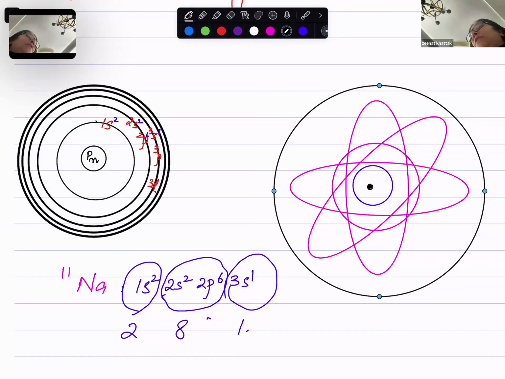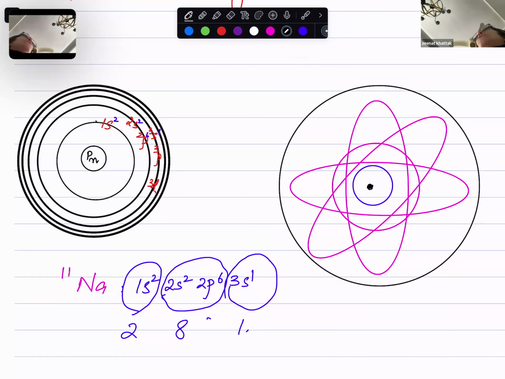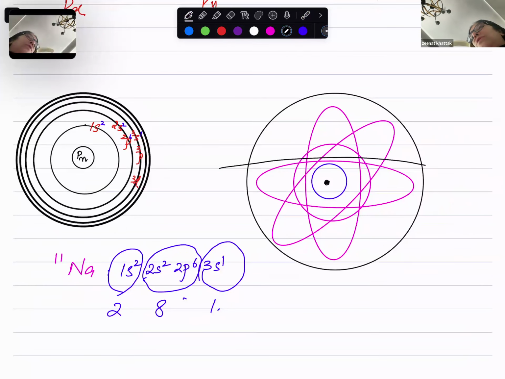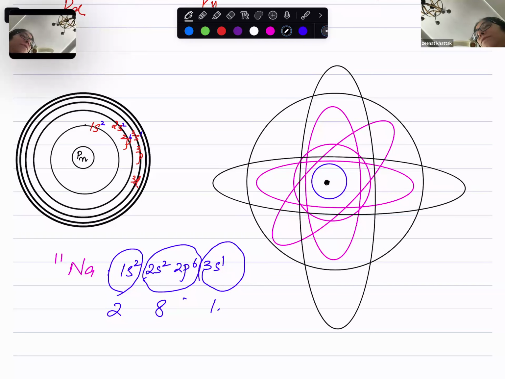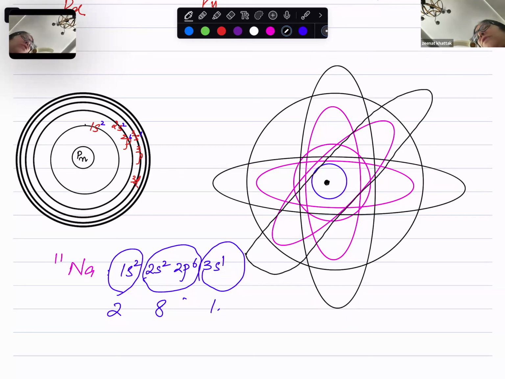And after 3s comes 3px. Oh, sorry. This is 3px. Then this is 3pz or 3py. They're all perpendicular to each other.